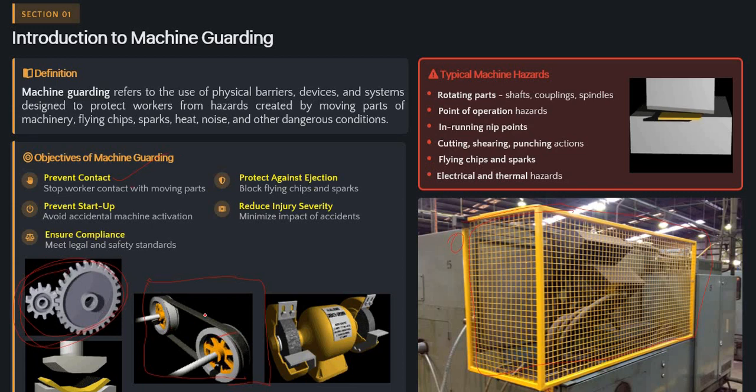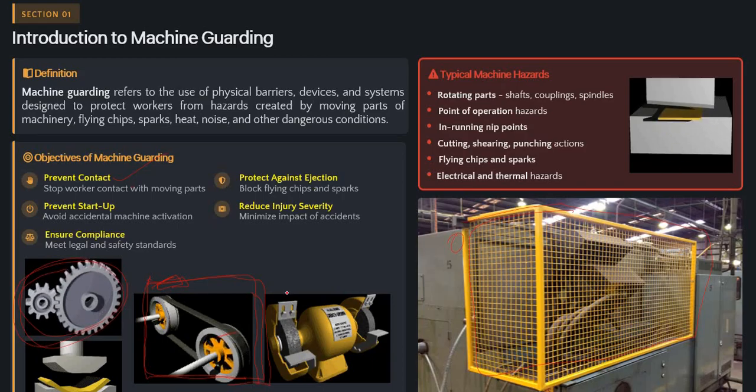In such cases, we will put a guard, like a fixed guard or an adjustable guard, and then put an interlock on the guard. So whenever the guard gets removed, the interlock gets activated and power gets disconnected. Like that we will put interlocks. We will talk about that in detail in coming topics.